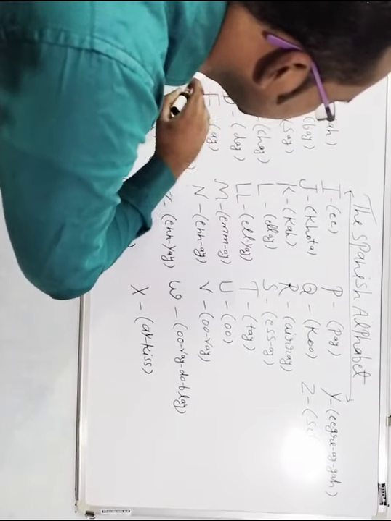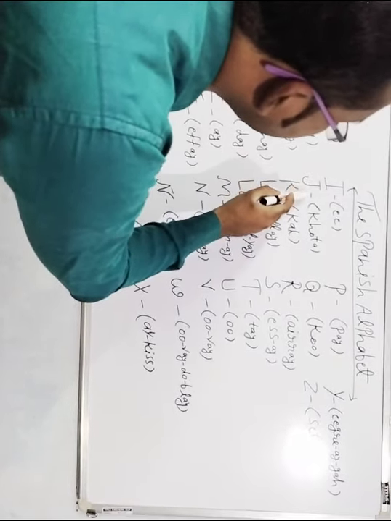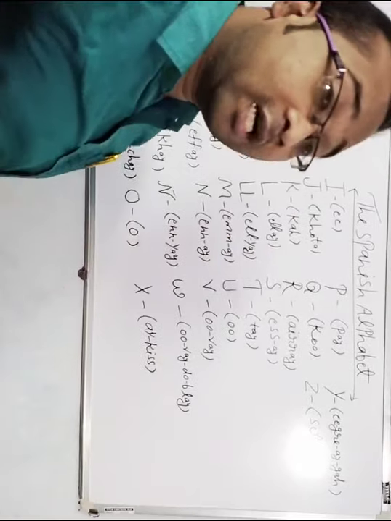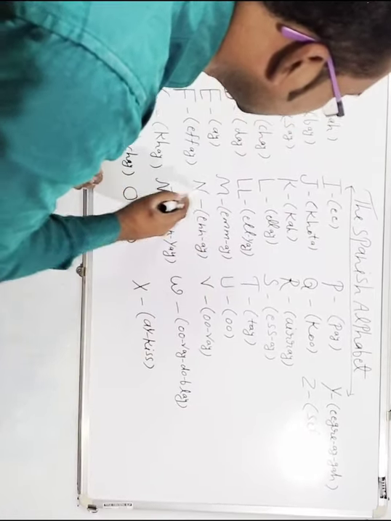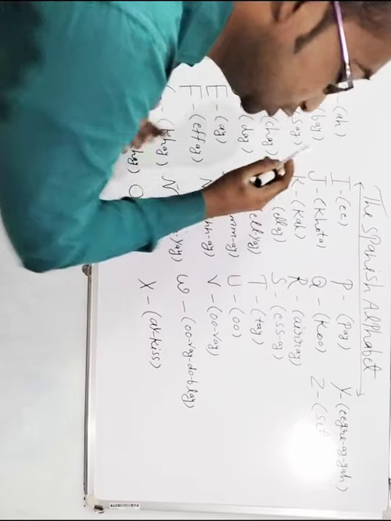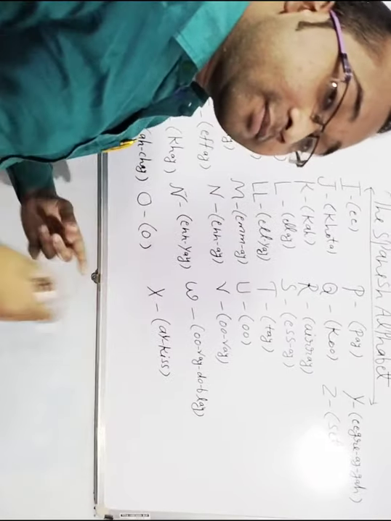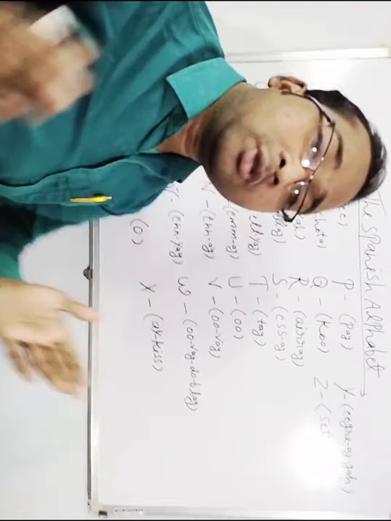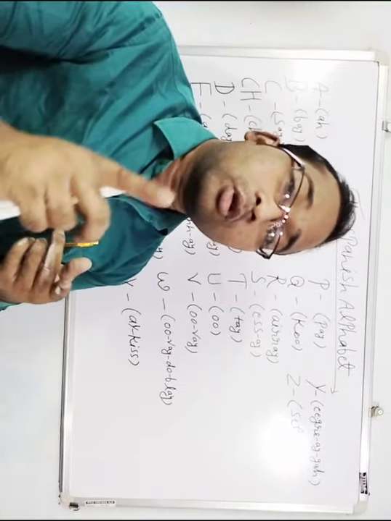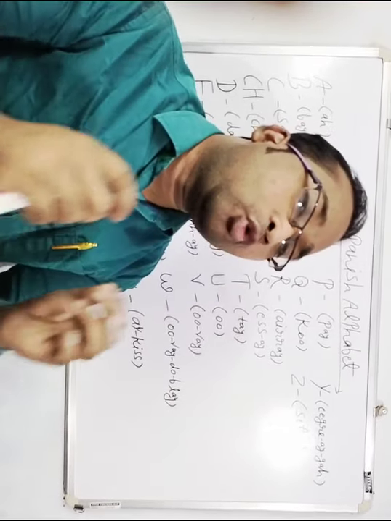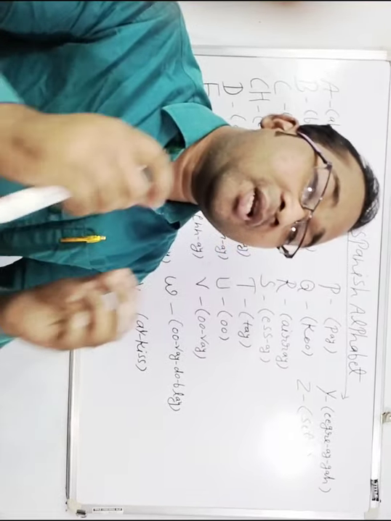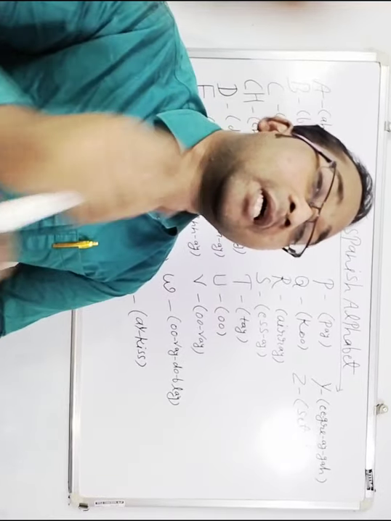Next, J. J is pronounced in Spanish language Khota. That is a very interesting letter. In English, we pronounce this J, but J is pronounced in Spanish language Khota. Are you understanding what I am saying to you? Because you have to listen to every pronunciation very clearly.